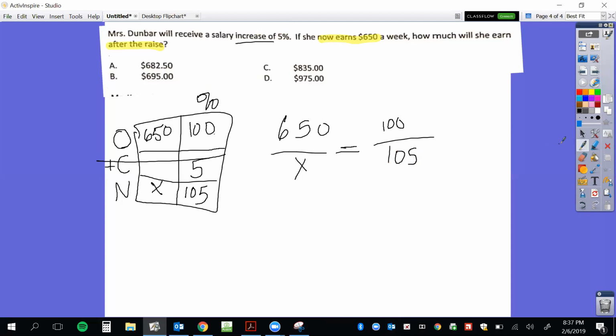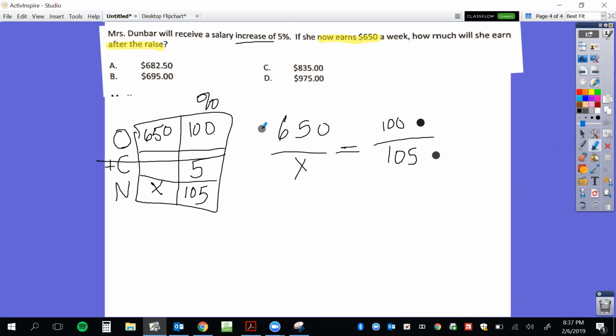Now I'm going to look at this and cross off anything that just does not sound reasonable. So if I go through this, I can see that my numerator right here is just a little bit smaller than my denominator right there.